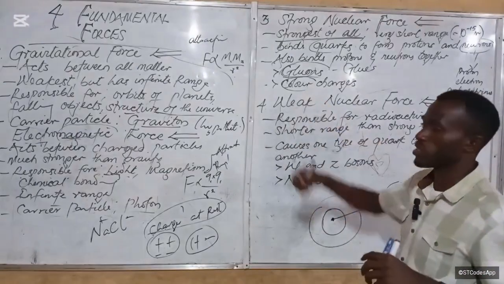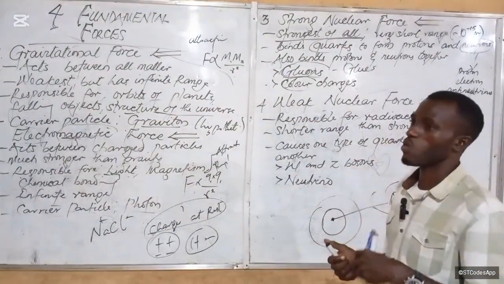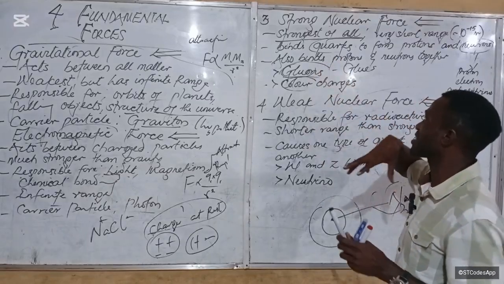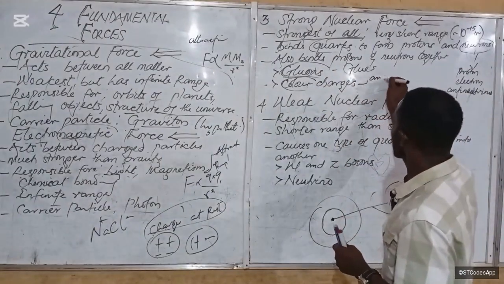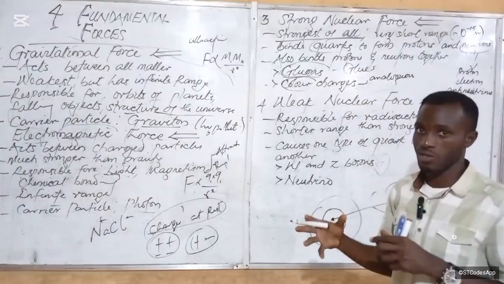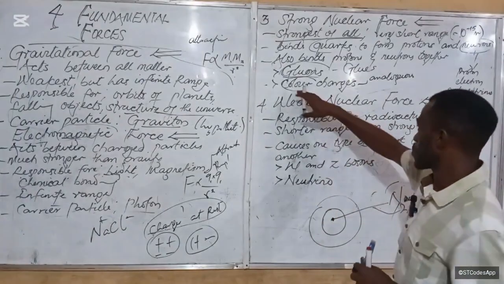The color charges are analogous to our protons and electrons. Just like a proton is positive, an electron is negative.